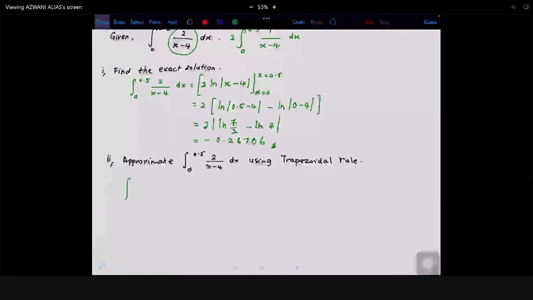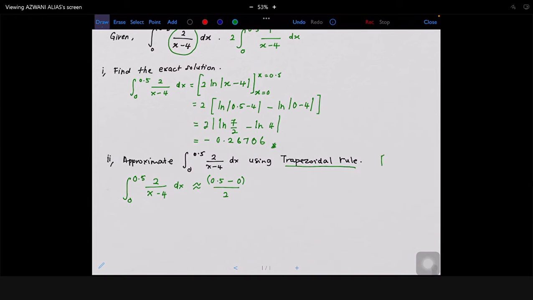So this is A and 0.5 ni adalah B. The function fx adalah 2 over x minus 4 with respect to dx approximate. Okay, approximate to, dia punya rumus adalah B minus A, which is 0.5 minus 0 divide by 2 disebabkan oleh trapezoidal rule.